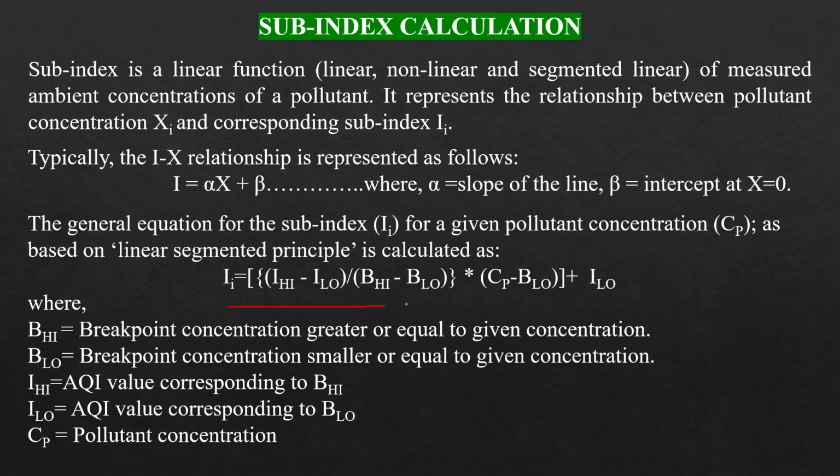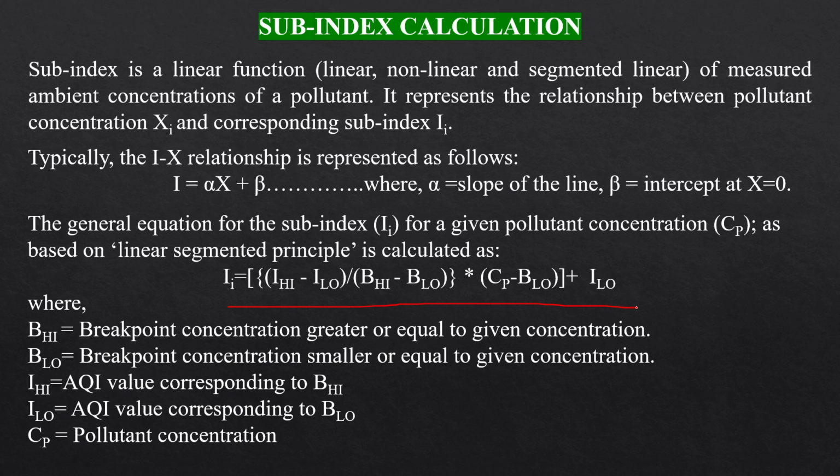Here you can see that sub-index Ip is equal to (I high minus I low) divided by (B high minus B low), into (Cp minus B low), plus I low. B high is the breakpoint concentration greater than or equal to the given concentration. B low is the breakpoint concentration smaller than or equal to the given concentration.